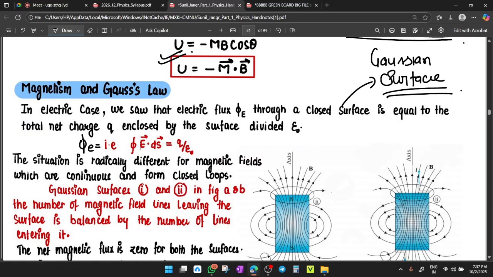So this was the definition of Gauss law: total electric flux phi E equals 1 by epsilon multiplied by the charge enclosed.